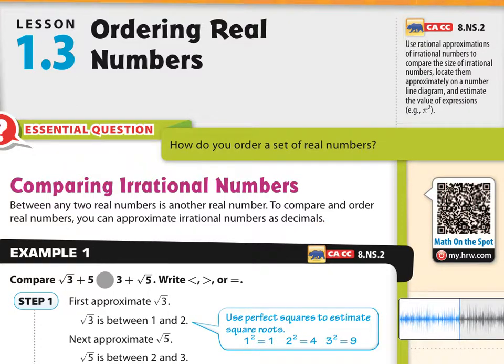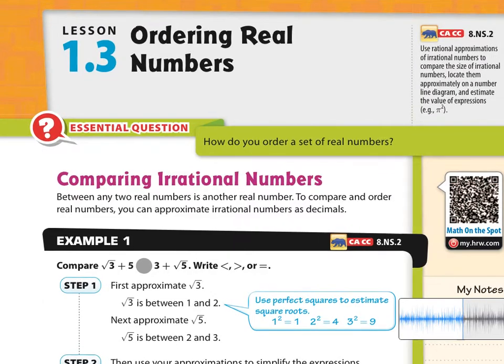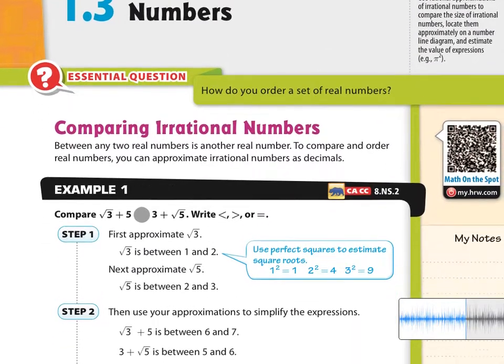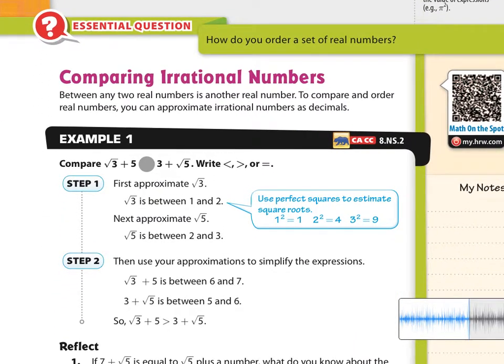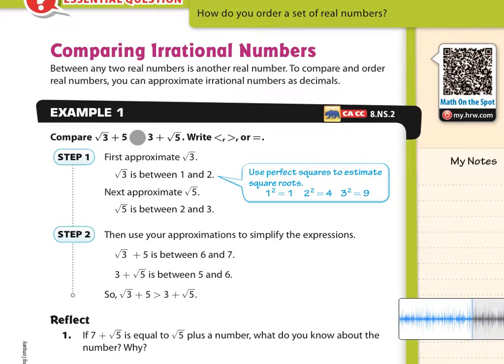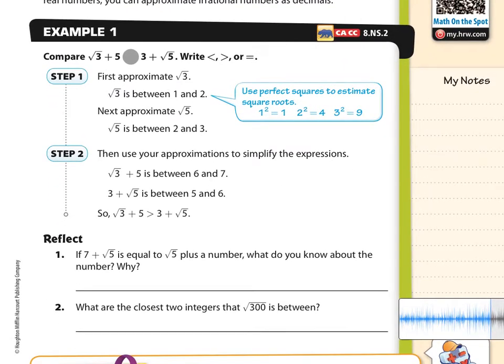Now, when we compare irrational numbers or rational numbers, or any number for that matter, we need to know what process we need to follow, or how we're going to be comparing these. And also, can you accurately place them on a number line as well? Something that we're going to be working on a little bit more later on.